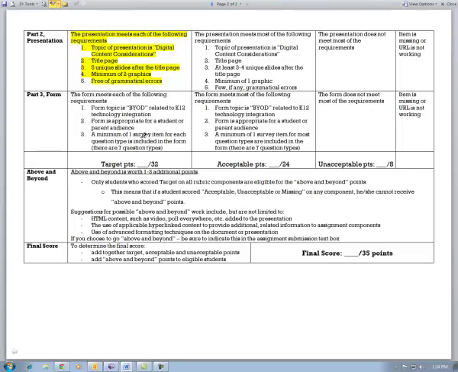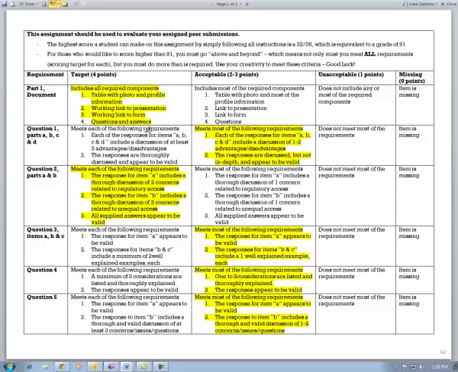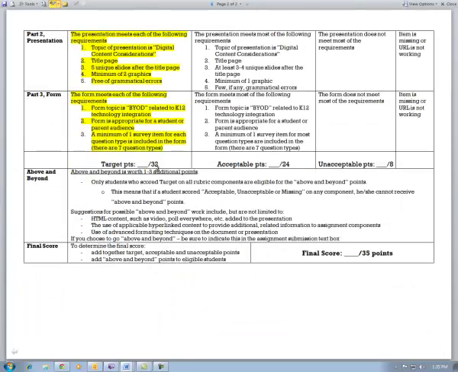Okay, so I've scored every area of the rubric, and so now what I have to do is determine number of target points earned, number of acceptable points earned. Okay, so for each target they earned 4 points. So here's 1 target, 2 targets, 3, 4. So down here what I have determined is the student scored 16.